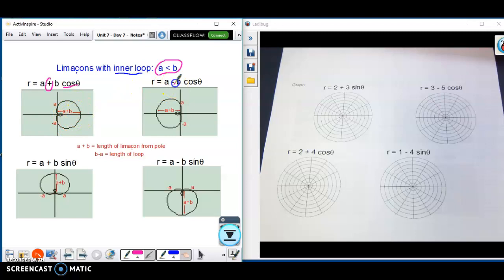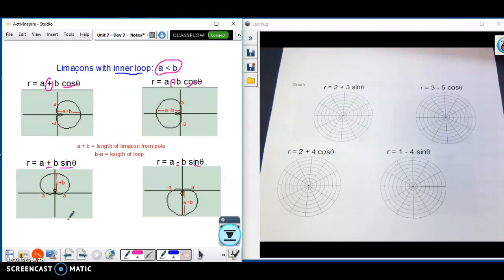Because this is negative and cosine, then this is going to be left of the pole. This is positive sine, so above the pole, and then negative sine below the pole. So cosine and sine still go with x and y. Whether it's positive or negative tells you either left or right or above or below.